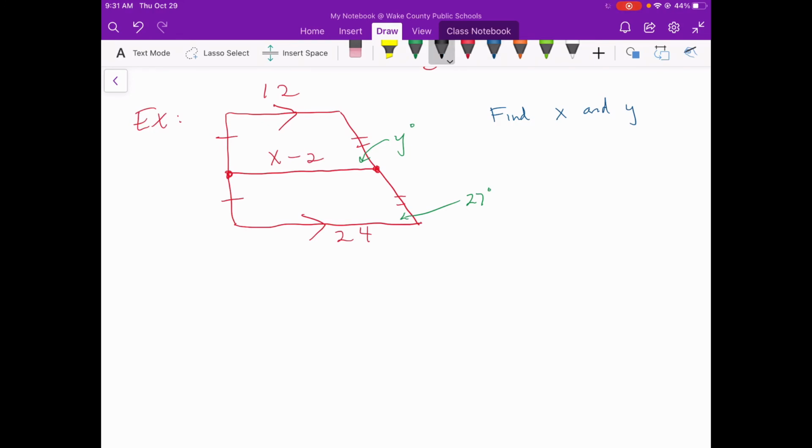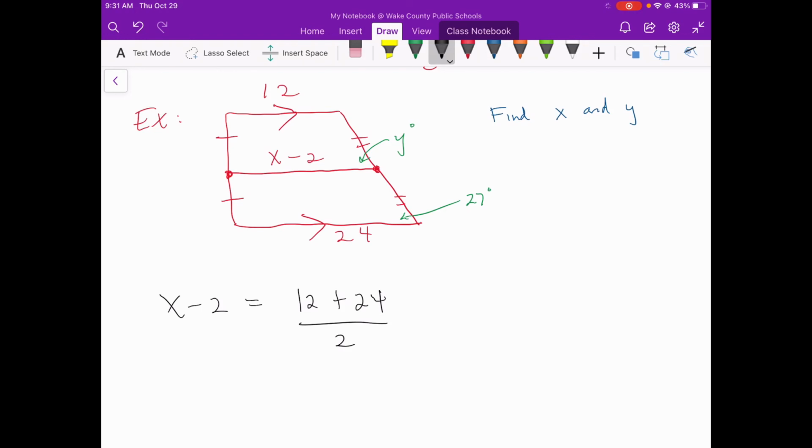Well, if I just focus on X first, then I see that X minus 2 represents the length of that mid segment there, because the endpoints are midpoints according to these congruent marks. So that means that X minus 2 is the average: add up the two bases and divide by 2.